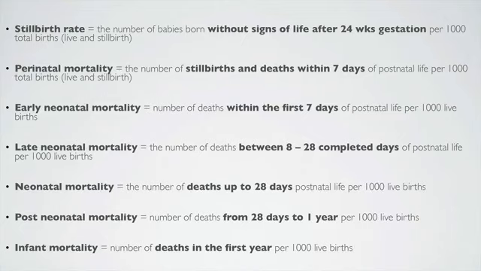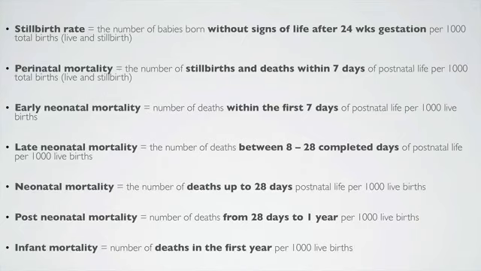Early neonatal mortality is the number of deaths within the first 7 days of postnatal life per 1,000 live births. Late neonatal mortality is the number of deaths between 8 to 28 completed days of postnatal life per 1,000 live births. Neonatal mortality is the number of deaths up to 28 days of postnatal life per 1,000 live births.